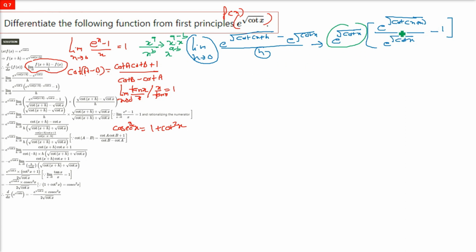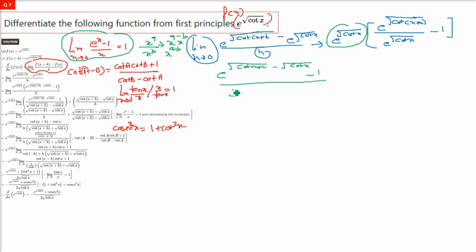This is the same thing we are going to use because the base can be the same, the power gets subtracted when you have a ratio. e raised to under root cot x plus h minus under root cot x, this is what you get here, minus 1, divided by e under root cot x. But see, e under root cot x is also there.